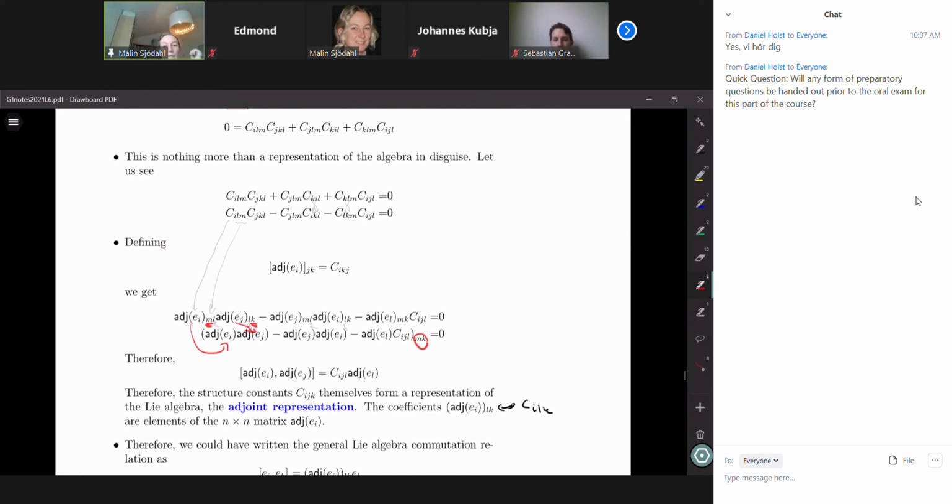And if you look at the second term, it's the same story. Dummy summation l, we can view it as component mk of a matrix multiplication between adjoint E_j and adjoint E_i. For the last term, we have a component mk already of adjoint E_l, and the c_ijl just stands. So this is still 0.